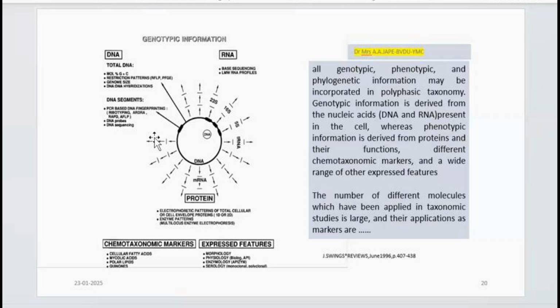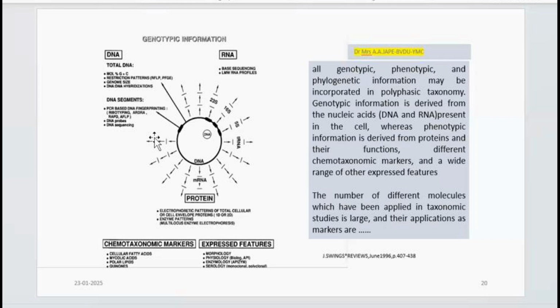When you talk about rRNA, what is the importance? It has got some sequences which are highly conserved. At the same time, there are certain domains which are variable. So when you talk about components of the ribosome, the rRNA and ribosomal proteins, both are being subjected to phylogenetic studies, right?